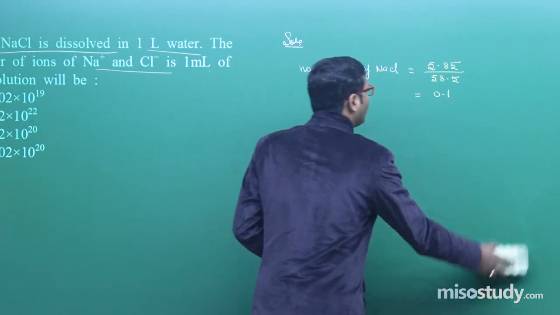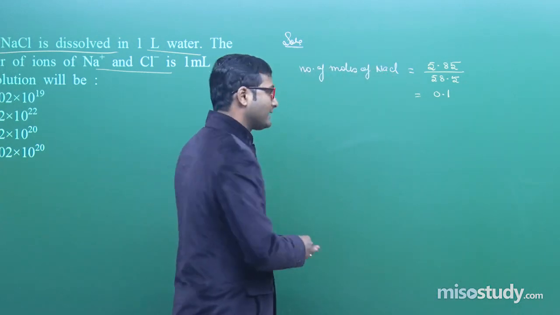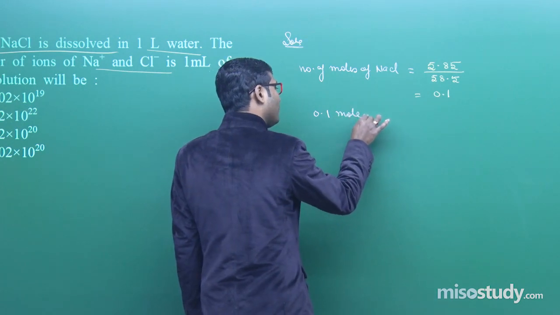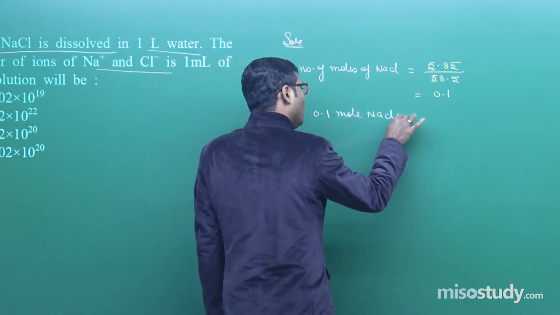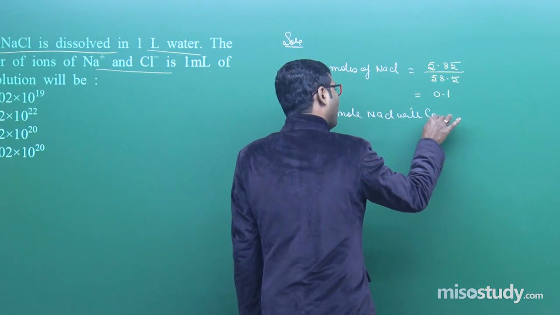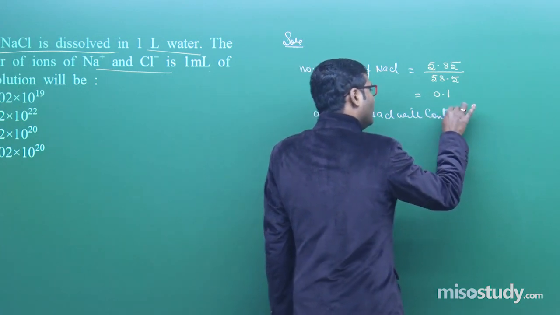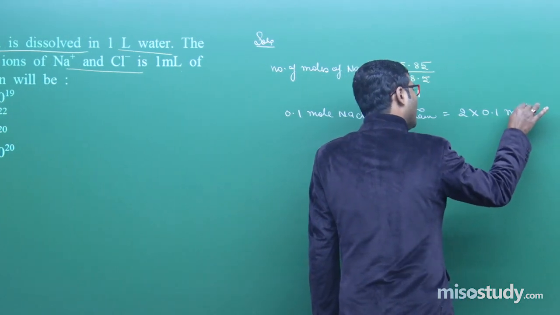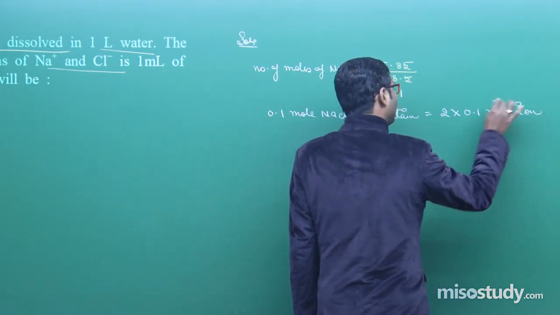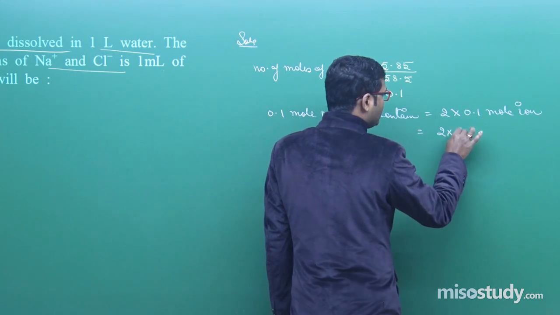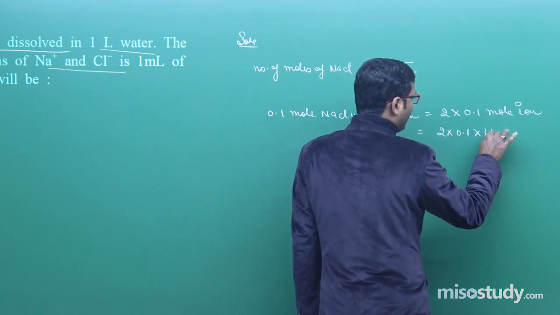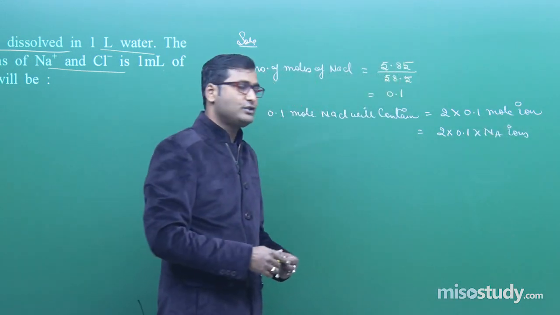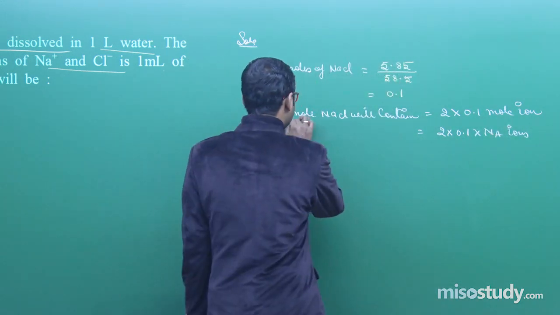Then 0.1 mole will contain? Now we can say 0.1 mole of NaCl will contain 2 into 0.1 mole ions. Yes sir, am I right? That is 2 into 0.1 multiplied by Avogadro number of ions, because 1 mole is equal to 6.022 into 10 to the power 23.